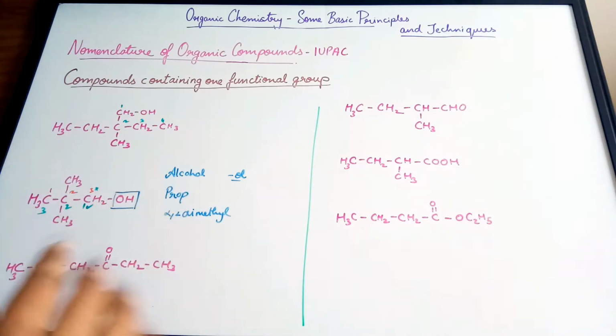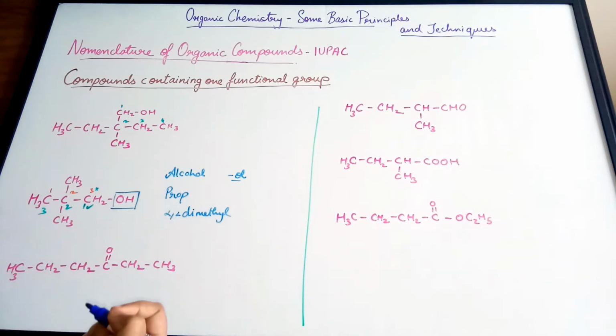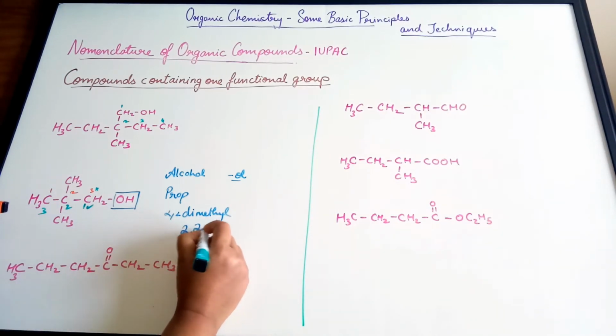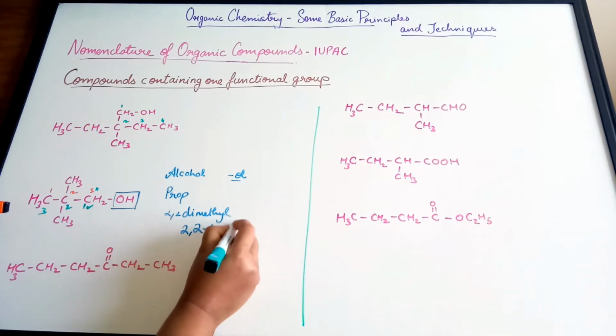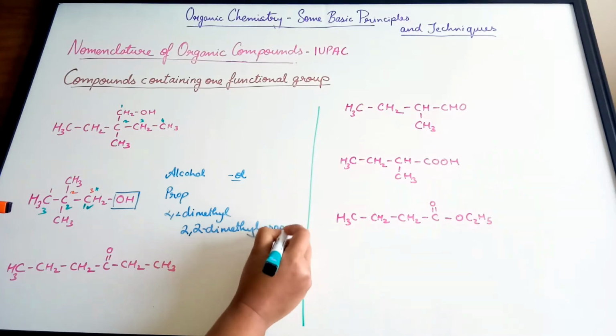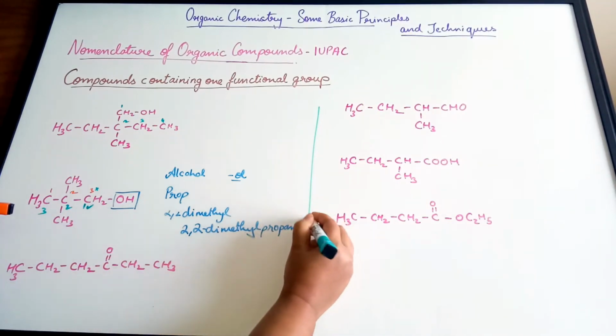Now we'll compile all of them and write the name. So the name of the compound would be 2,2-dimethylpropan-ol, or you can write propan-1-ol.